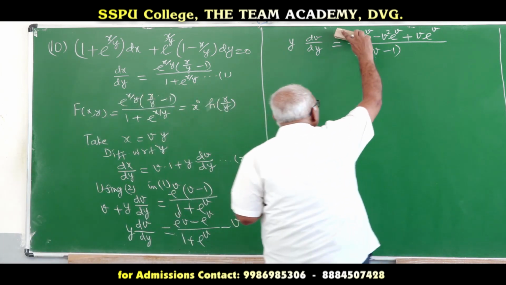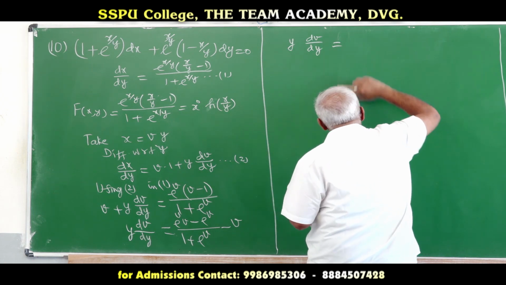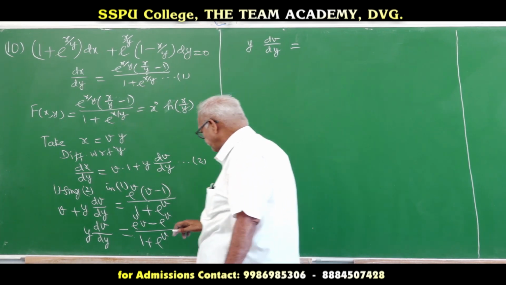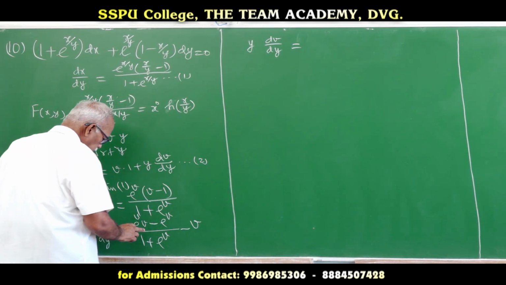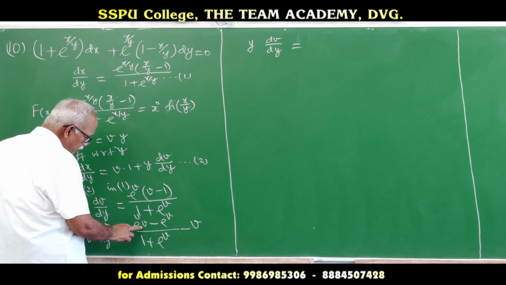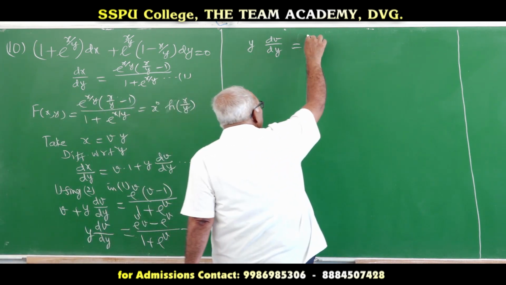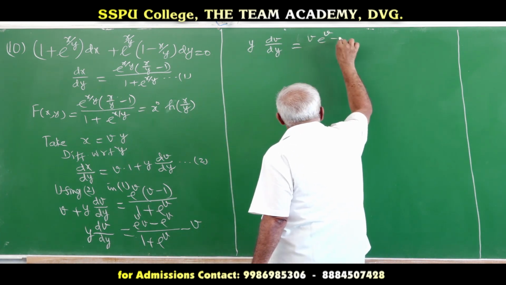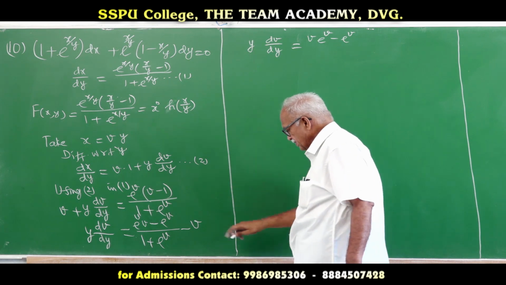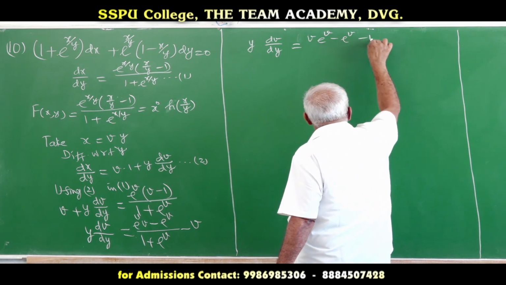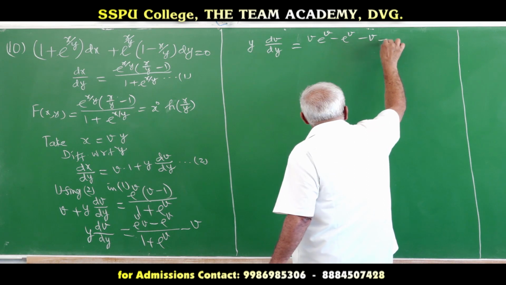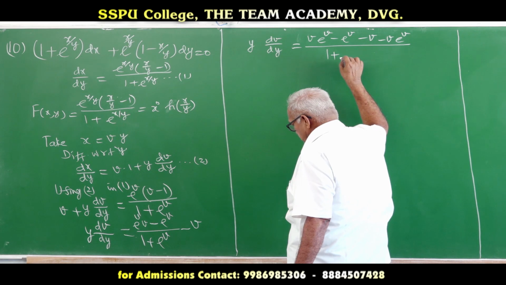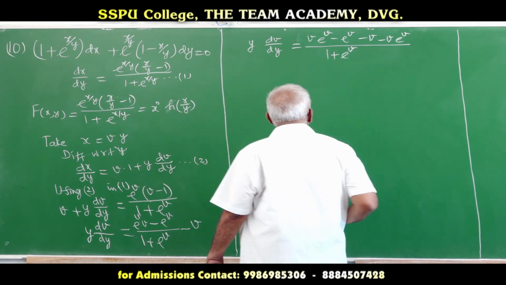So, here also it will change. E power v into v or v into e power v minus e power v, and here if you multiply minus v e power v, whole divided by 1 plus e power v.